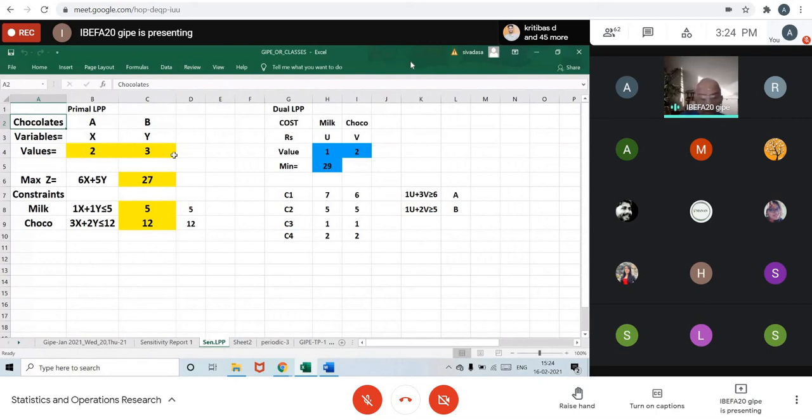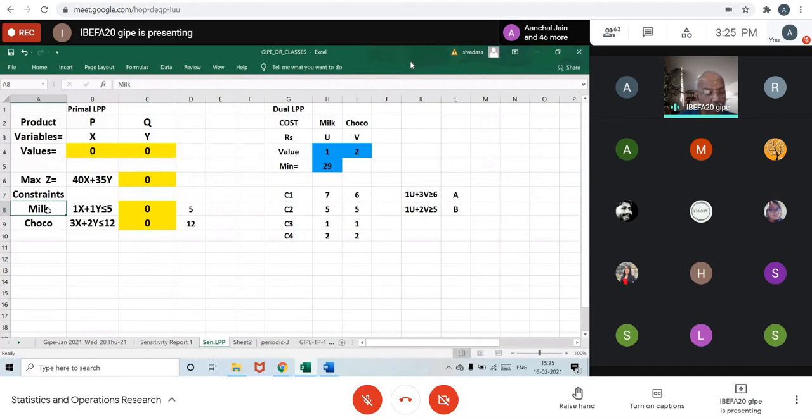Primal LPP will be: products P and Q, variables X, Y. Values are 0, we don't know. And the profit is maximum 40 and 35.